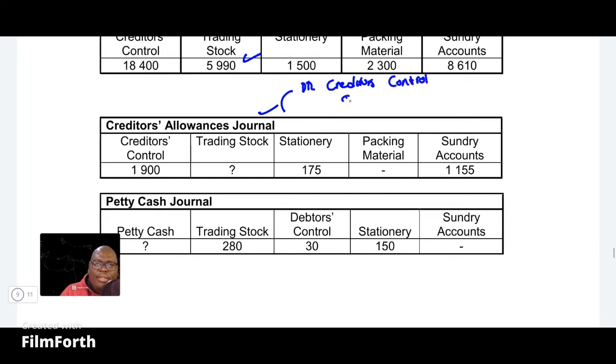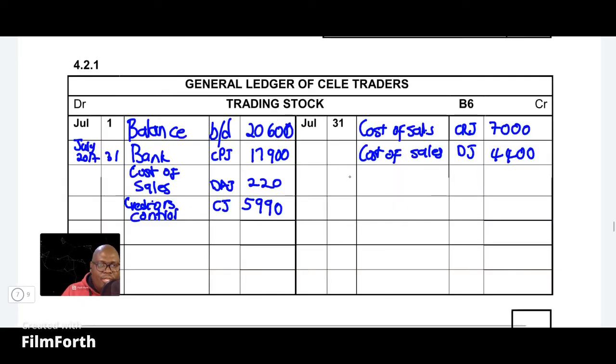And then we'll credit trading stock. So meaning that on the credit side of trading stock, we're going to have creditors control.